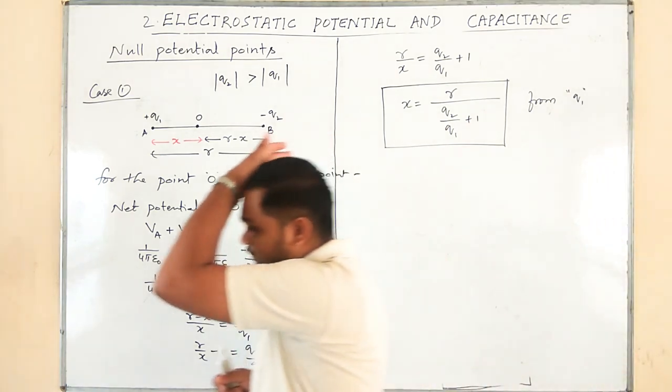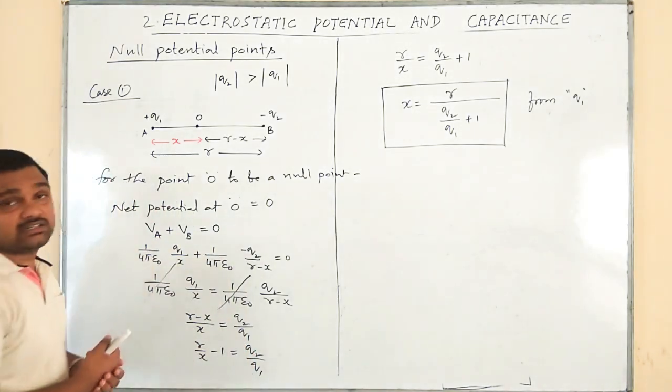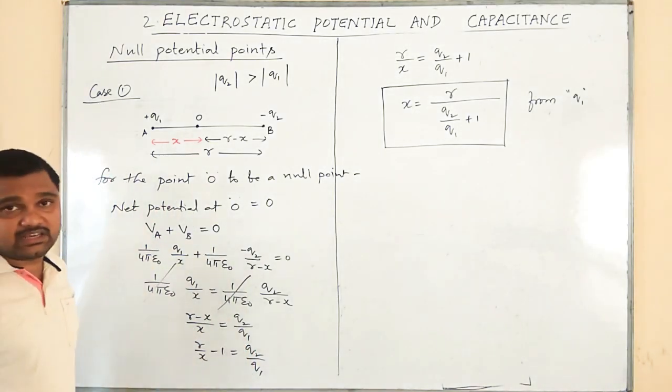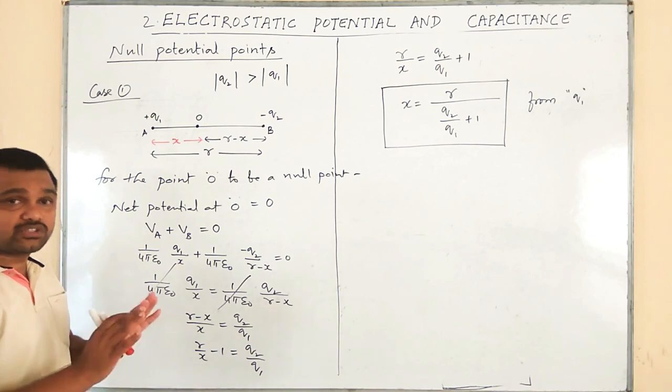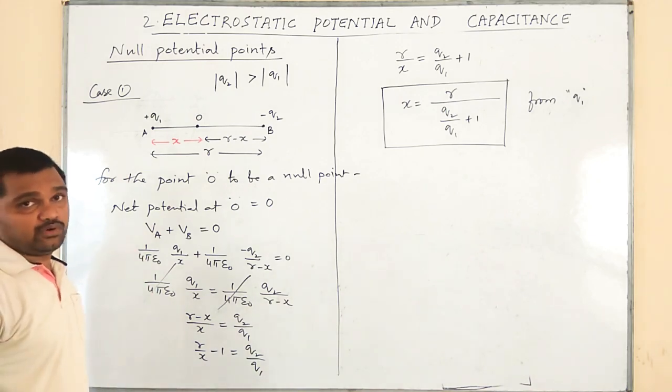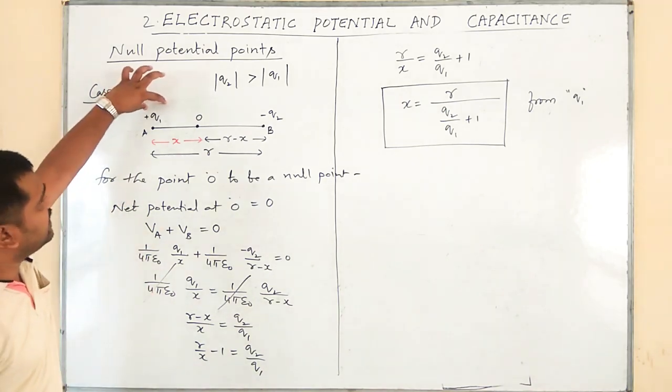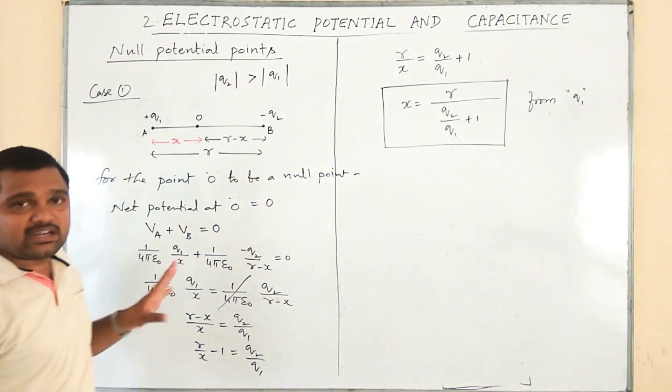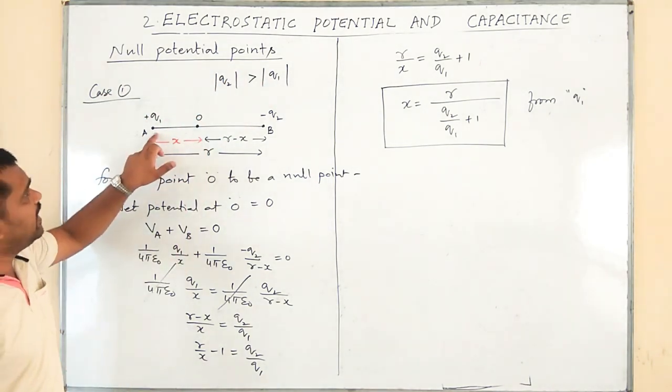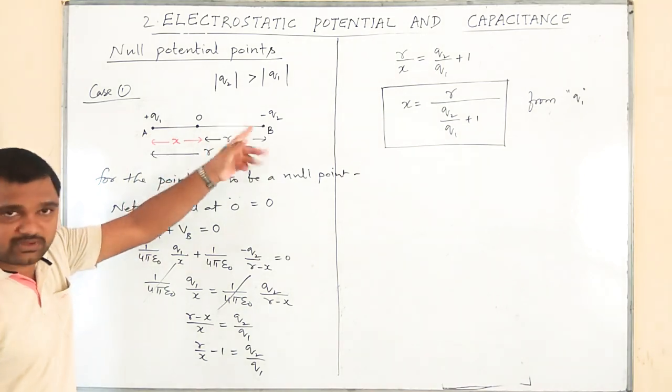Null potential point means an imaginary point where the net electric potential due to two or more charges becomes 0. Okay. I will take plus Q1 and minus Q2 as two charges. Let small r be the distance of their separation.